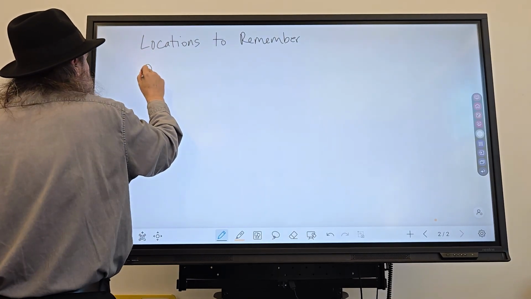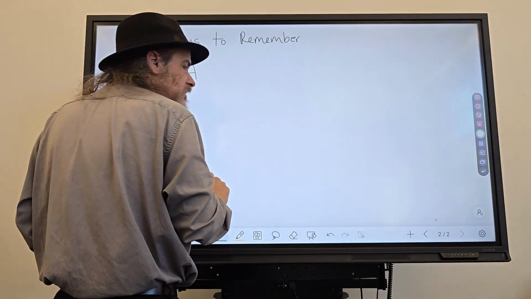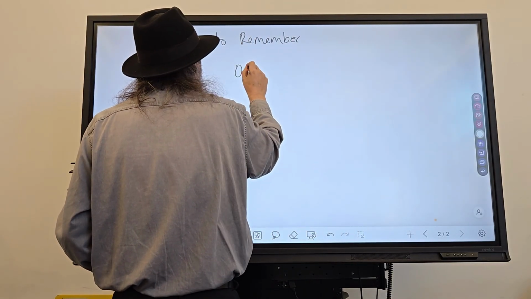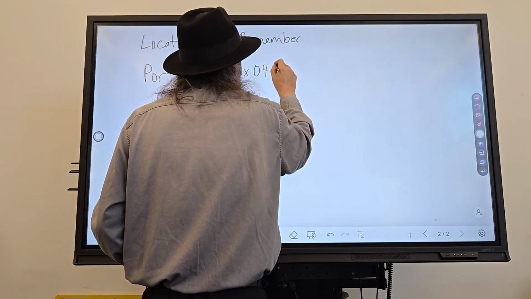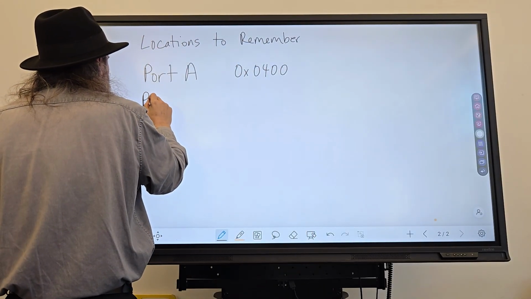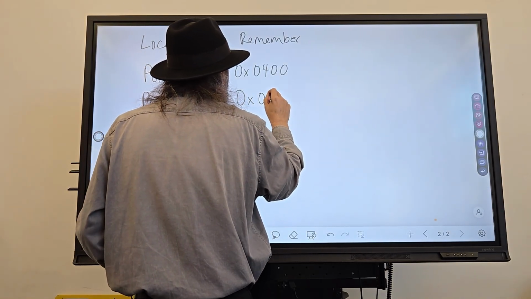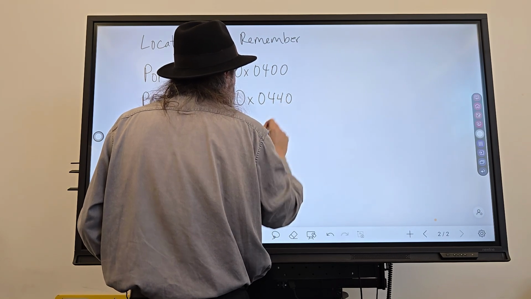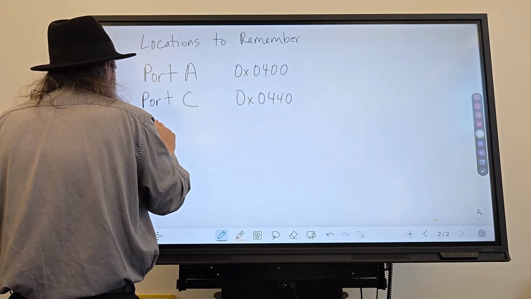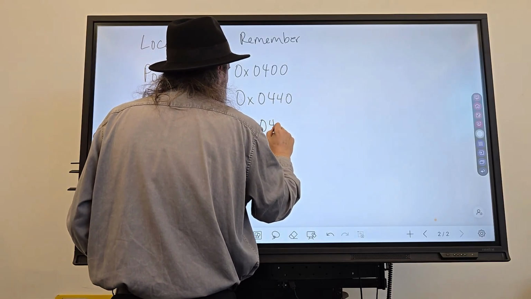Port A has a base address of 0x0400. Port C, we're not going to use port B, is 0x0440. And port D is 0x0460.